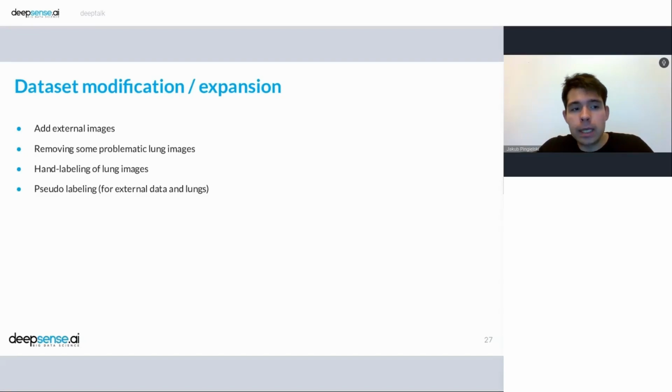And some teams have either removed some problematic images, especially from lungs, or just hand labeled them, trying to find some better annotations for them, and also improved those models with those different annotations.